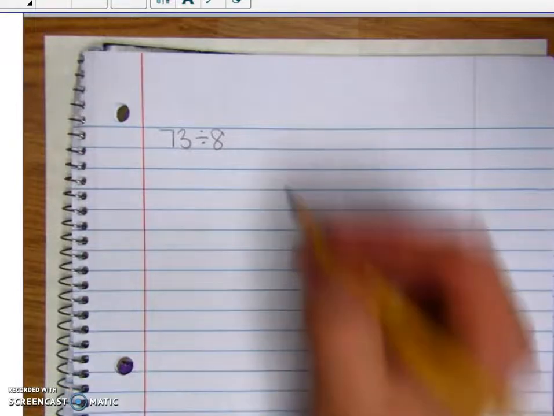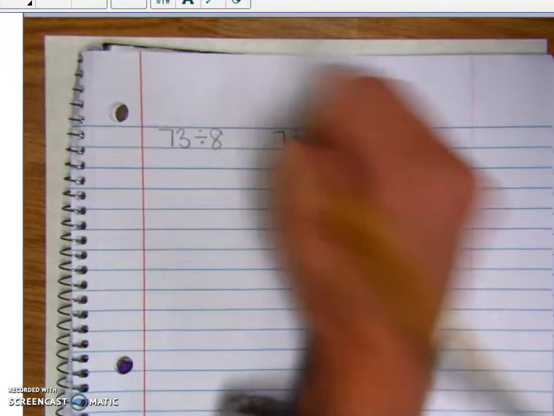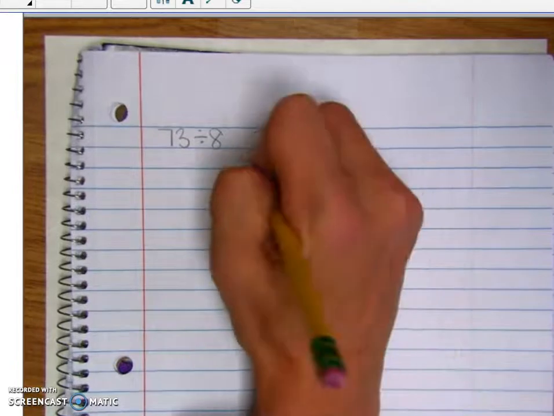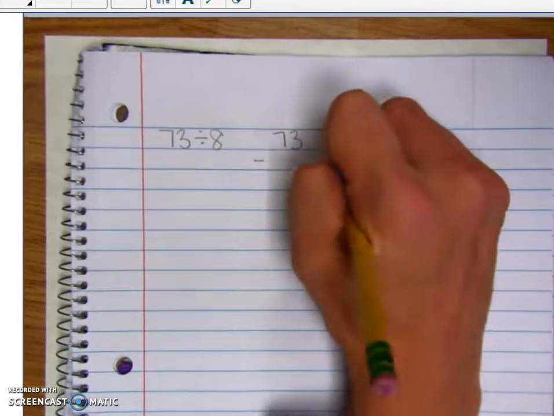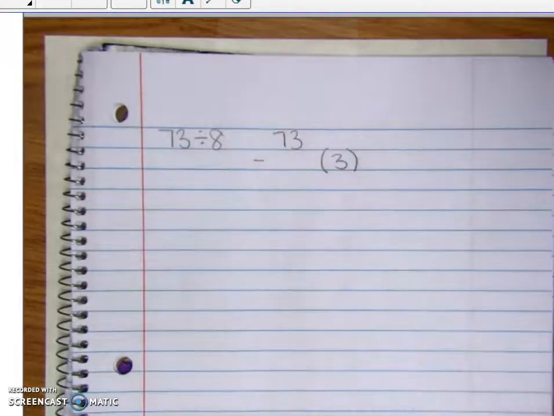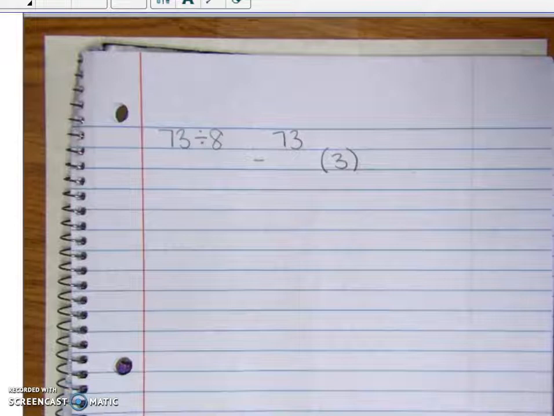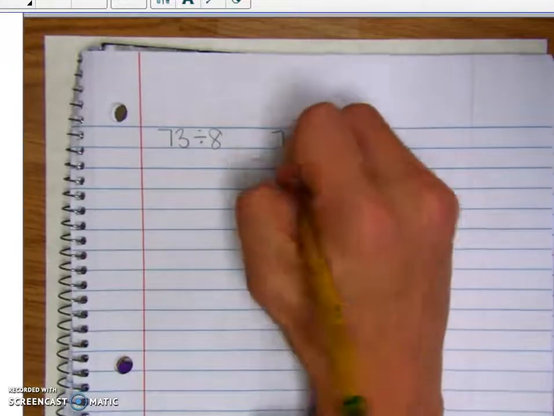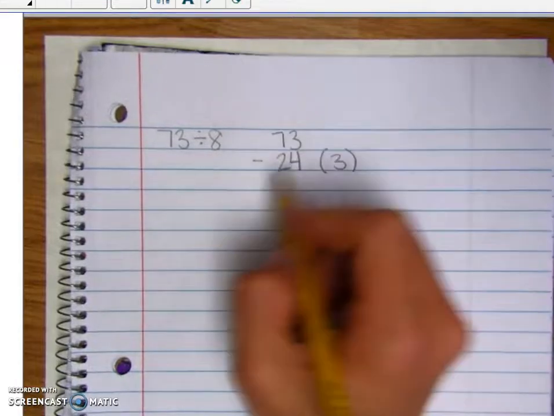What I can do is pass out like 2 or 3 coats at a time. Here's what I mean. If we start with 73 coats, and let's say I put 3 coats in each box, how many coats is that total? 3 coats times 8 boxes, 24. So that's like taking away 24 coats at one time.